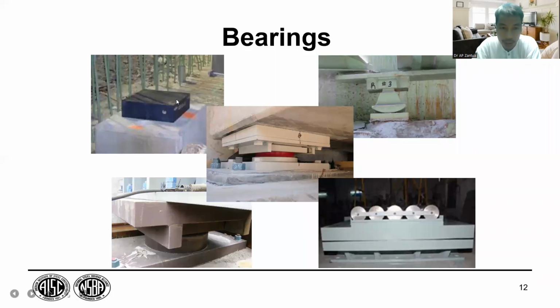This is the most common type of bearing, the block. This is a type of bearing that is earthquake resistant. This is what we call a roller and pin connection.